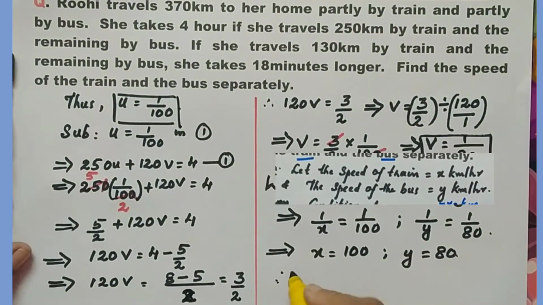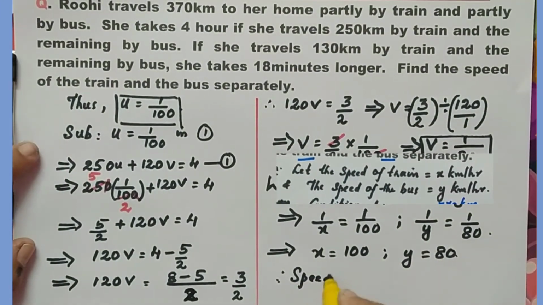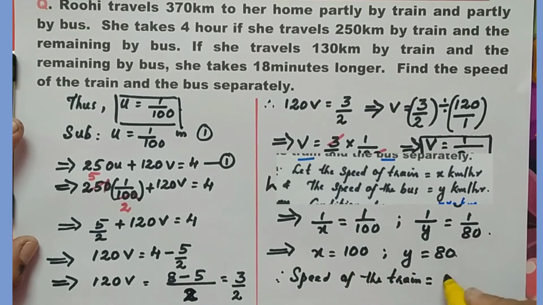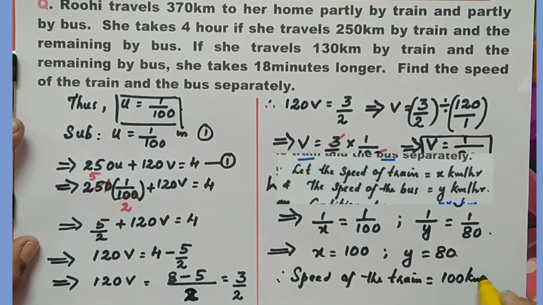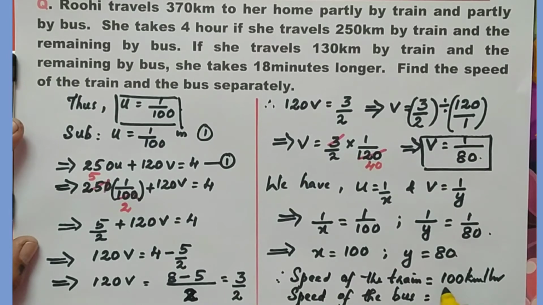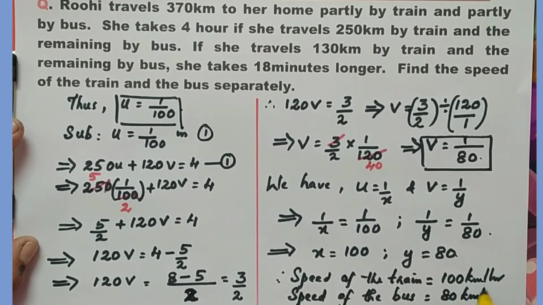Therefore, speed of the train equals x kilometer per hour, that is 100 kilometer per hour, and speed of the bus equals y kilometer per hour, that is 80 kilometer per hour.